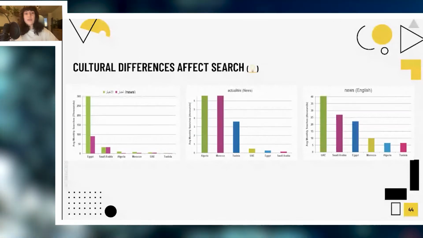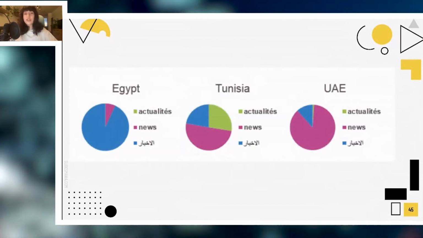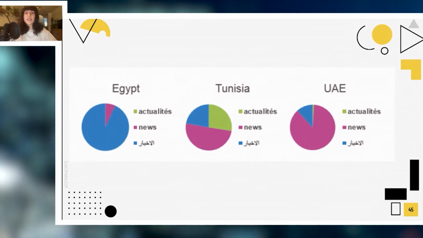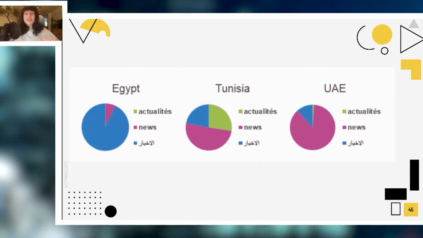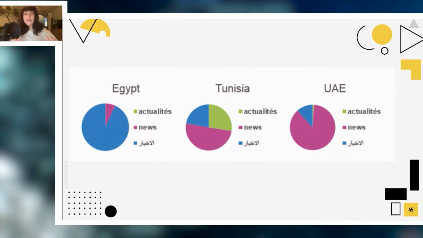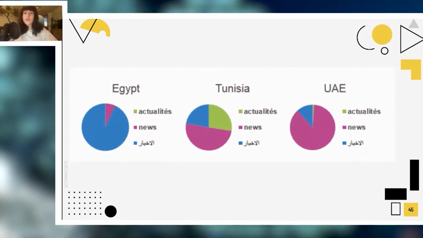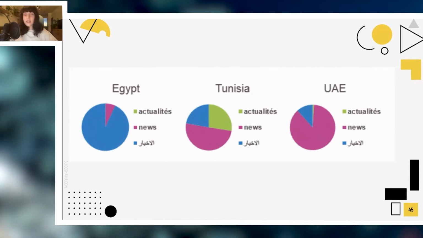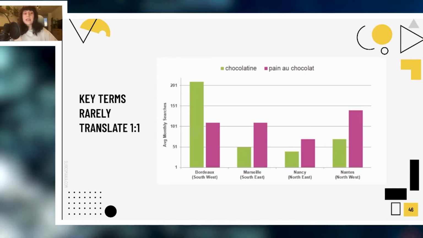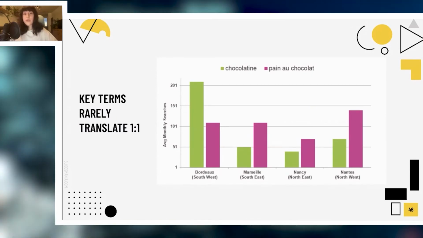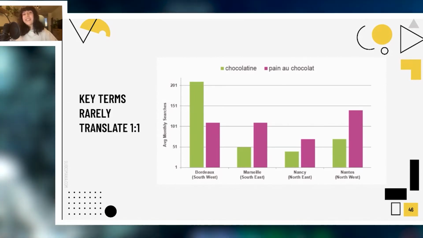So it's important to know that these types of cultural differences are going to change the search patterns for a particular keyword in this industry, in this country. It's important to know the different aspects that are actually impacting the search volumes for the keywords that you're researching in this country. Another thing to note is that keywords and key terms rarely translate one-to-one, not only in different countries, but also in the same country and even in the same language.